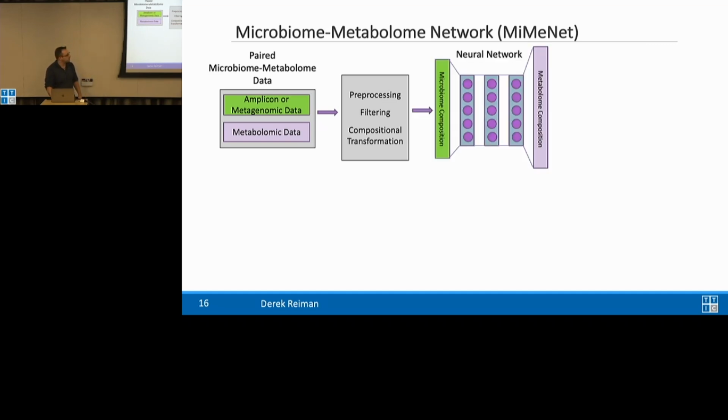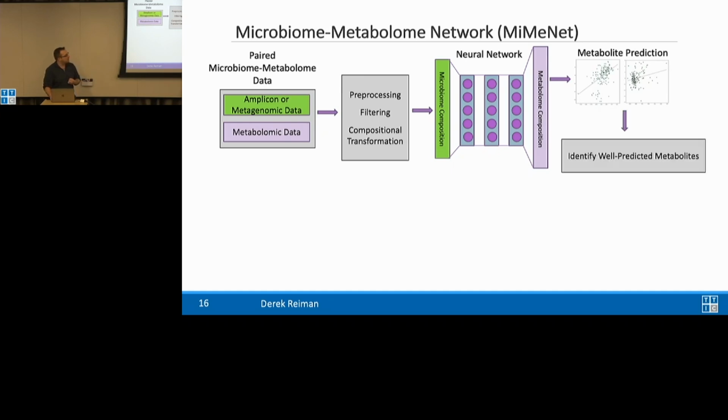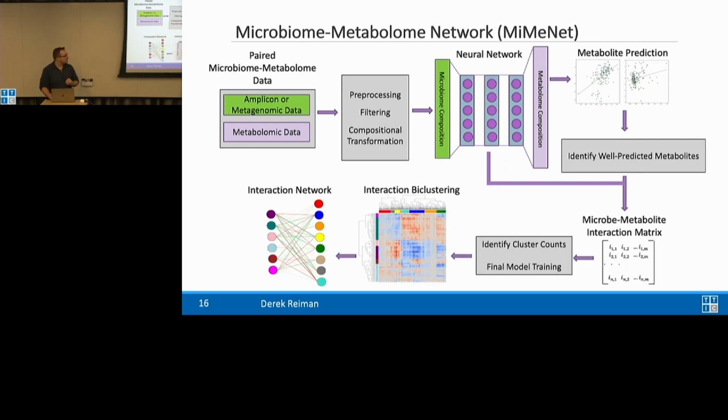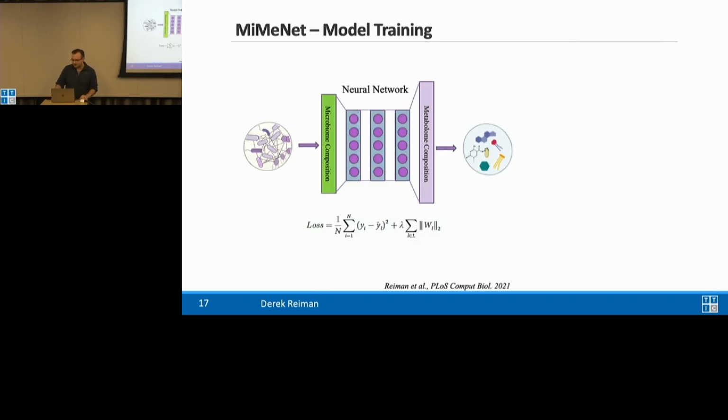And it's a pretty straightforward model where we predict our metabolomic composition from our microbiome composition. From that, we can predict different metabolites. We can use this model to infer interaction matrices. And then based on behaviors of metabolites and microbes, we can do some clustering and network construction. And we'll go through all this step by step.